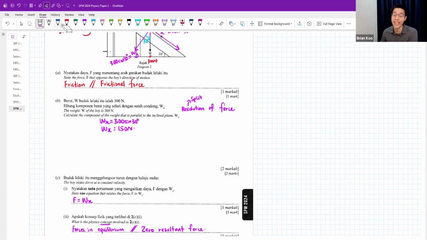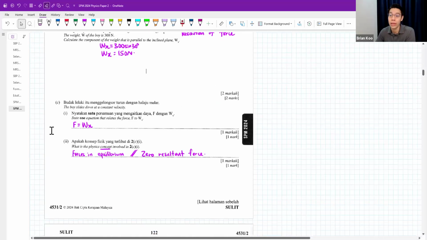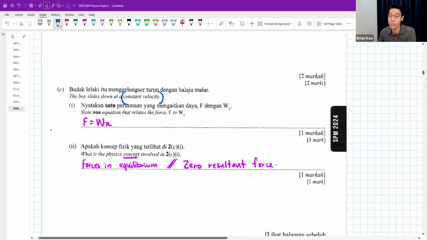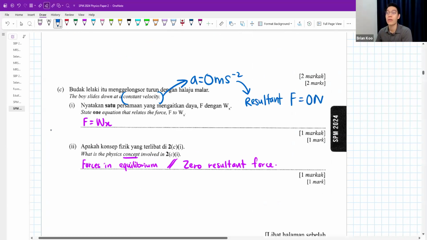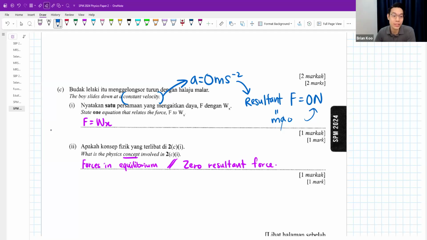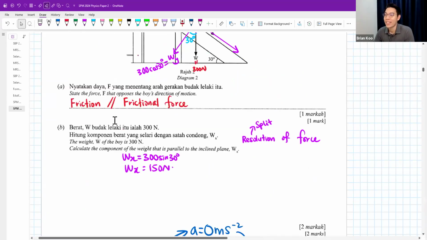Because if the acceleration is zero, which is what constant velocity is, same speed, zero acceleration, it means your resultant force is zero. How come? Because resultant force is equal to ma. F equals ma. And if your a is zero, your resultant force definitely has to be zero as well.